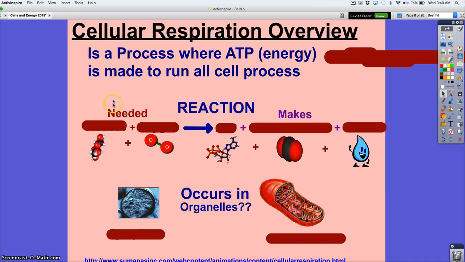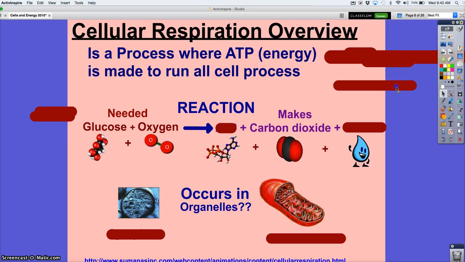What molecules are needed for cellular respiration to happen? Glucose plus oxygen, and what's made? CO2, H2O, and what kind of energy? ATP. Where does this miracle happen?